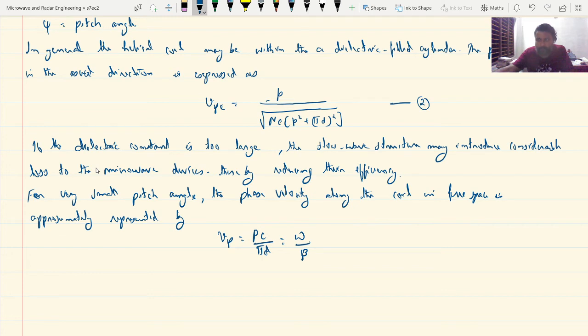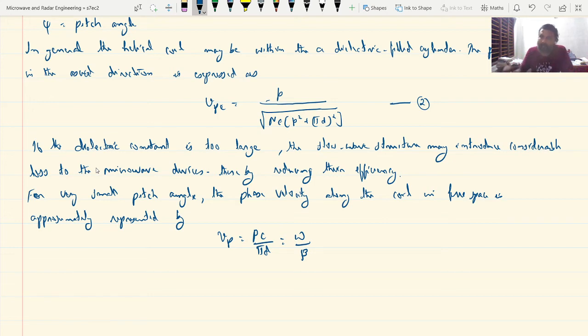So I will draw one figure here which will show an omega beta relationship. That relationship is called the Brillouin diagram for a helical slow wave structure. It is very useful for designing a slow wave structure, because depending upon the values of beta, we can calculate the values of Vp from the equation Vp equal to omega by beta for a given dimension of the helix.